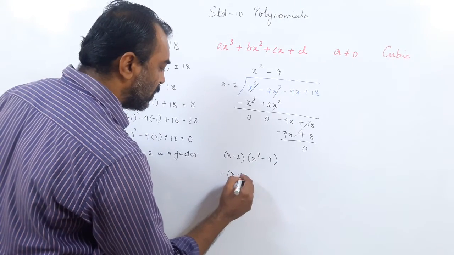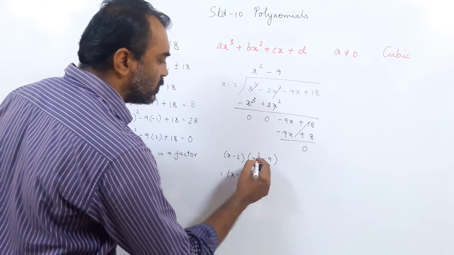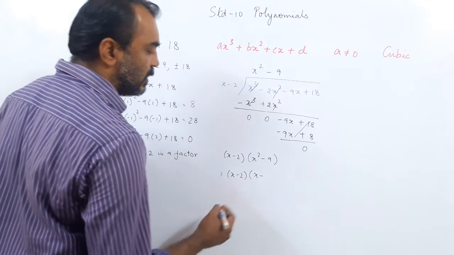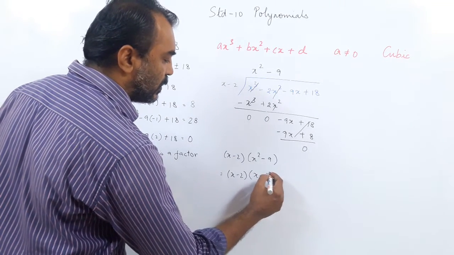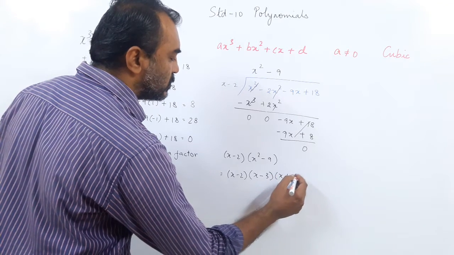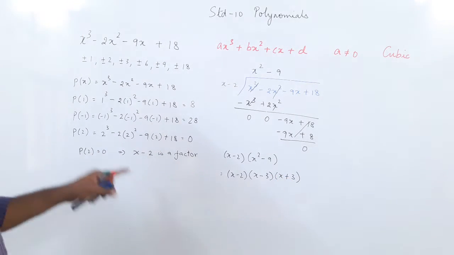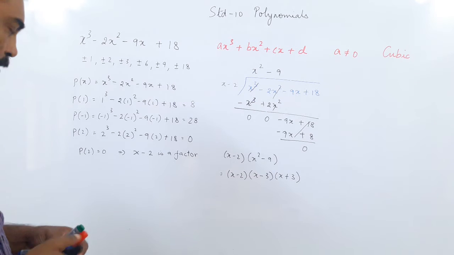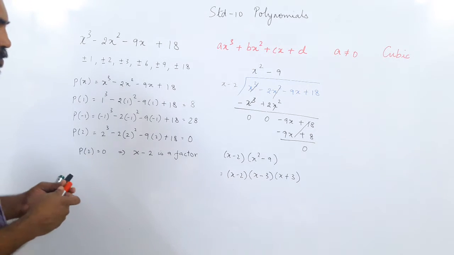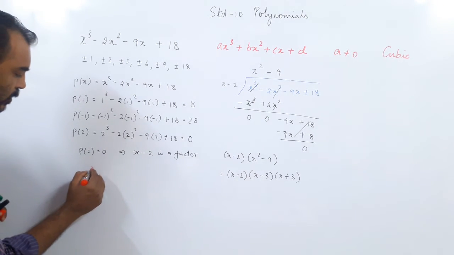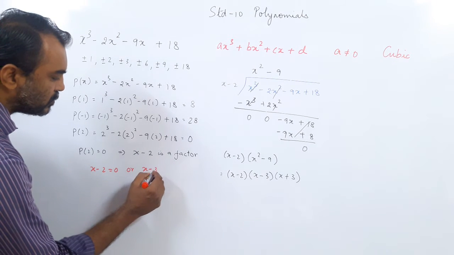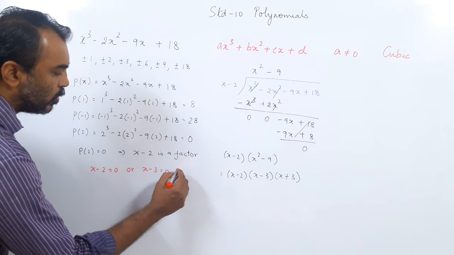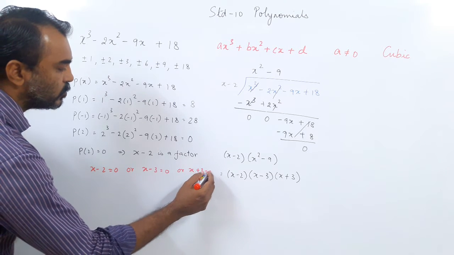So if I further factorize, I get x minus 2. What is x square minus 9? Can be written as x square minus 3 square. So x minus 3 into x plus 3. Now these are the factors of this. Okay? So when will this become 0? If x minus 2 equal to 0 or x minus 3 equal to 0 or x plus 3 equal to 0.